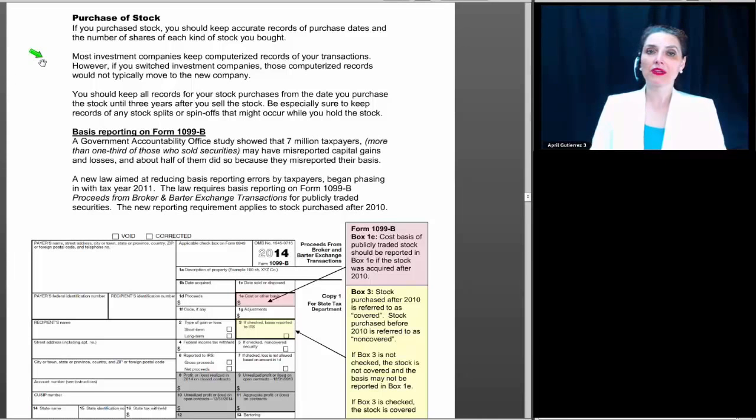And if you are working with a client and they tell you that some or all of the stock on the brokerage statement was inherited, then the thing to do would be to ask, what's the date of death? And see if the basis adjustment on that brokerage statement matches the fair market value of that stock on the date of death. What I see sometimes happen is if the date of death is, say, August 1st of 2012, and the brokerage statement says that the acquisition date is August 1st, 2012, then in all likelihood they did get that basis adjustment in there.